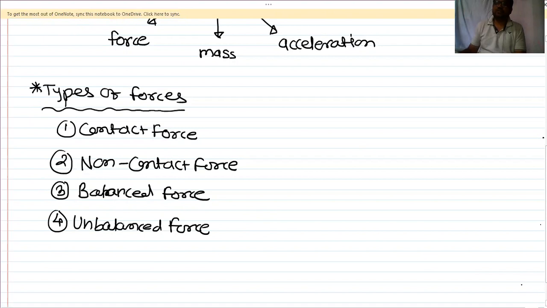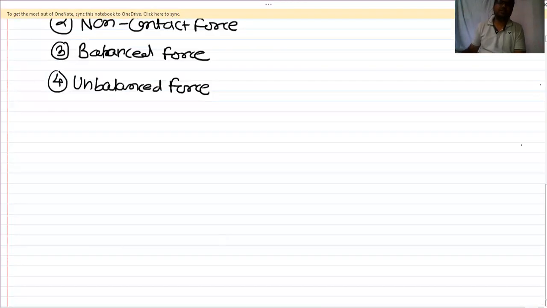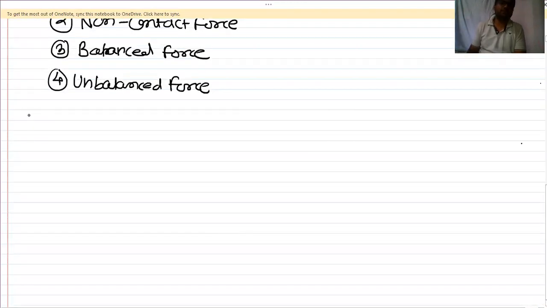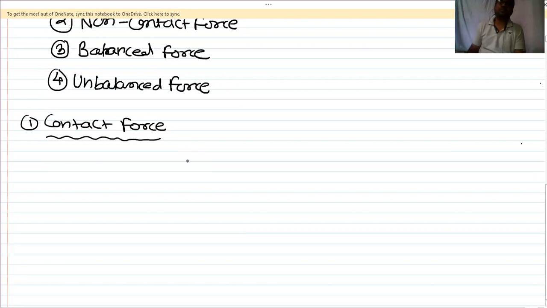Okay, so see here, we have firstly the contact force. So what is contact force? If there is a physical contact between the interacting objects, right, then that force is called as the contact force.